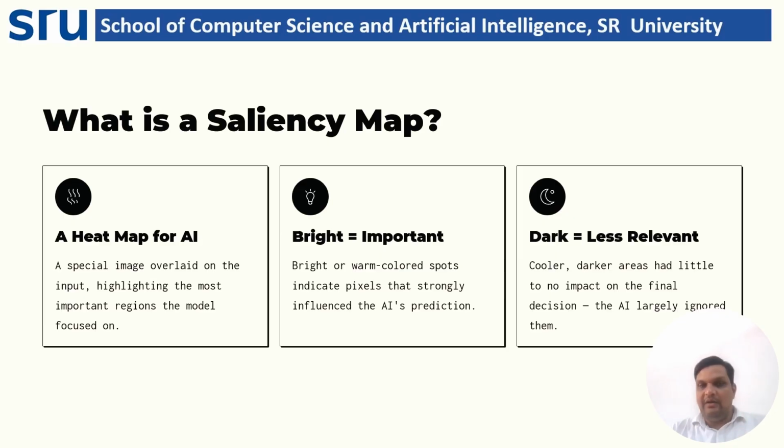Bright or warm color spots indicate pixels that strongly influence the AI prediction. Dark means less relevant. Cooler, darker areas had little to no impact on the final decision. The AI largely ignored them.